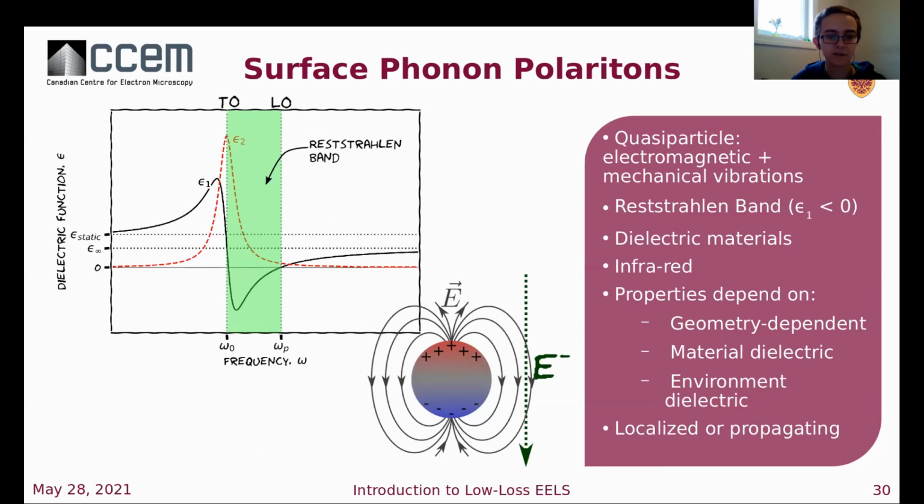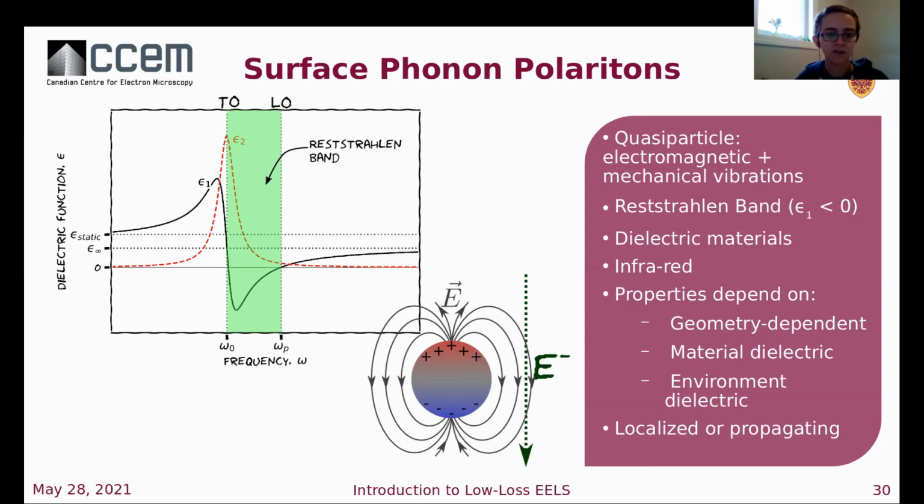Now, similarly to the surface plasmon, an ionic material might support a surface phonon polariton. So if you have a crystal lattice which has ions of different charges in the unit cell, then we may be able to support both the optical phonons and surface phonon polaritons.